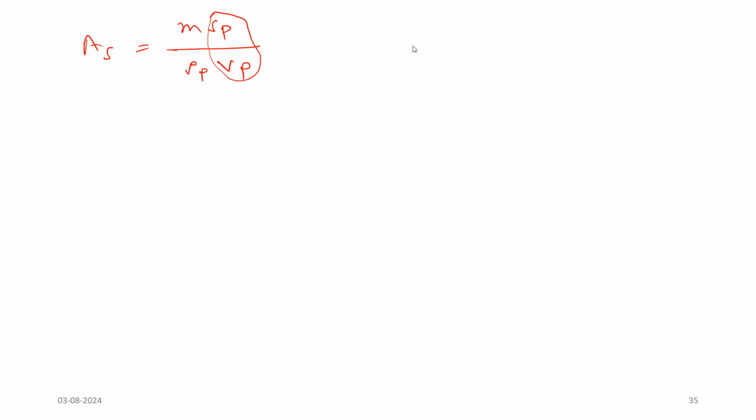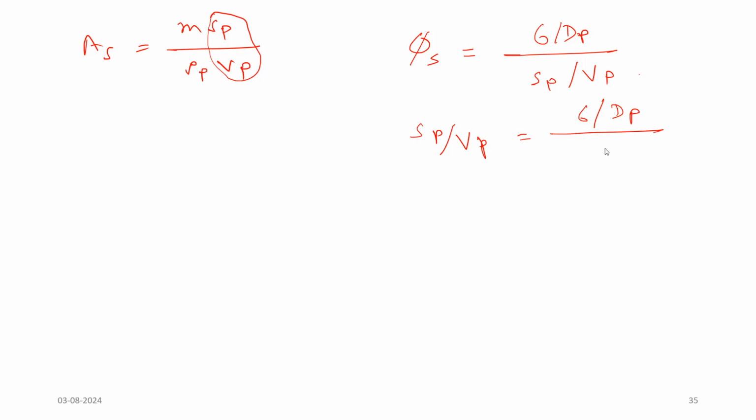Now what we know from sphericity, in the last class we learned that phi s is 6 by dp divided by Sp by Vp. So from that, Sp by Vp is nothing but 6 by dp phi s, right?